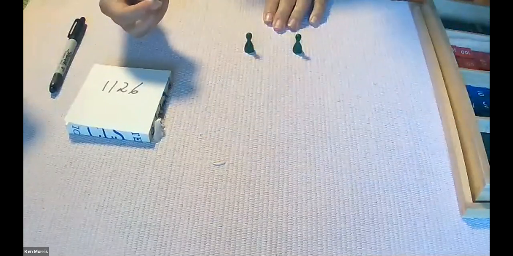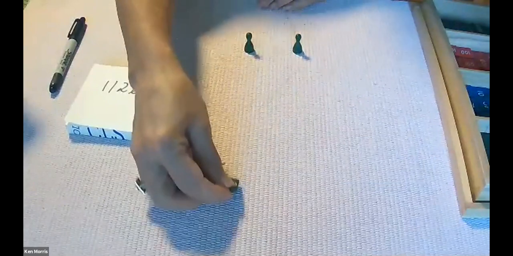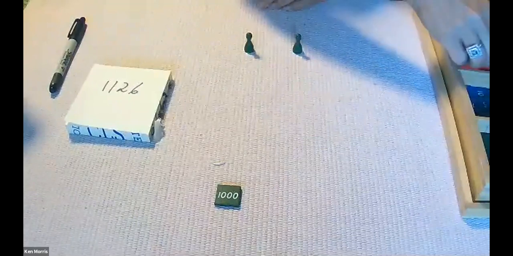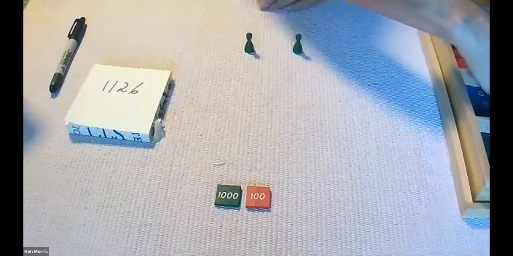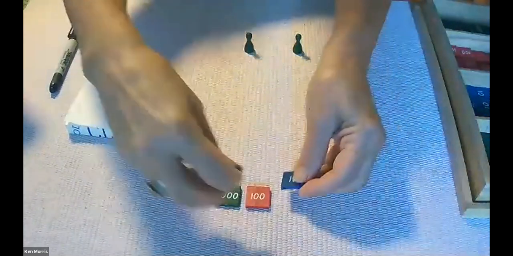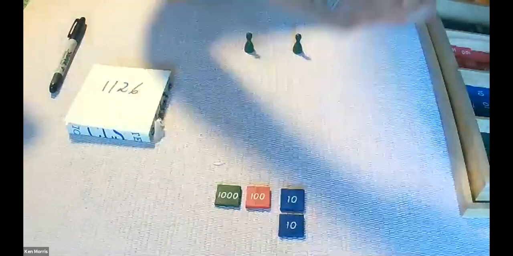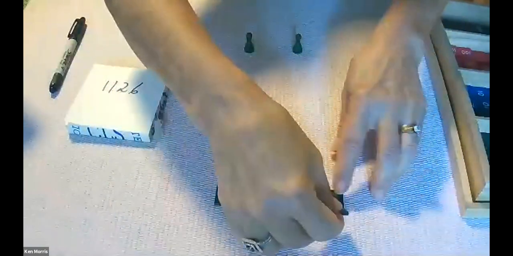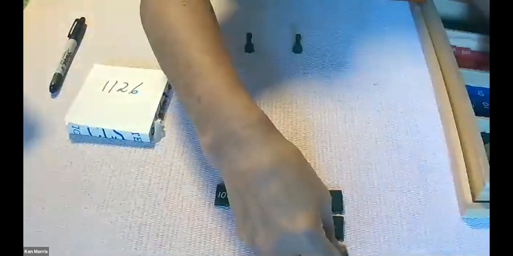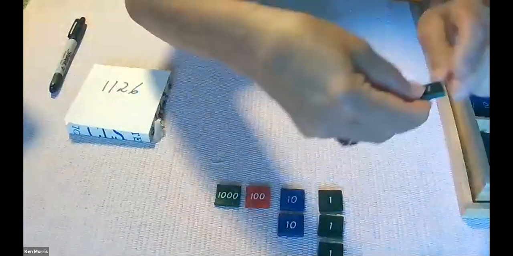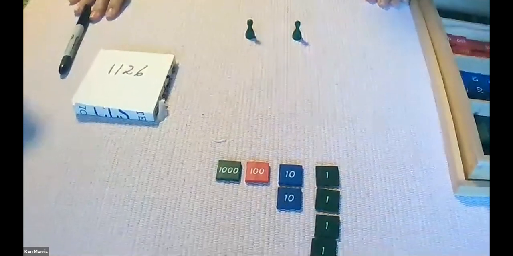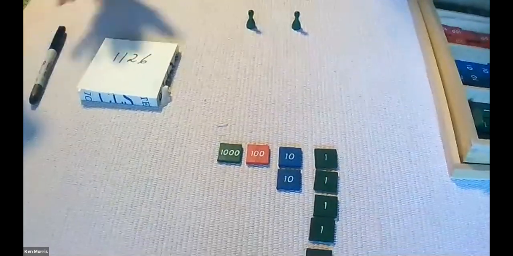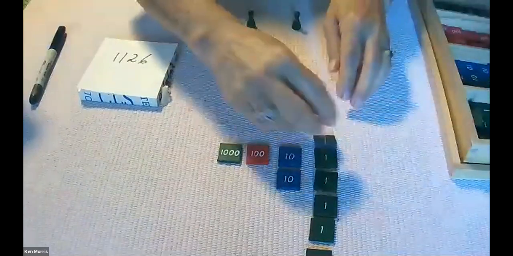So I am going to make my number 1,126. 3, 4, 5, 6.